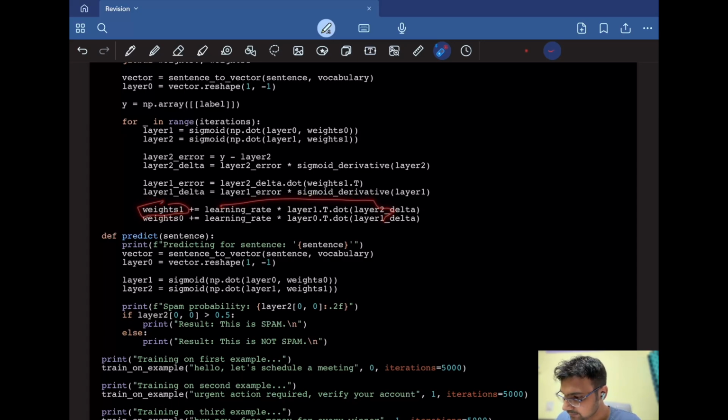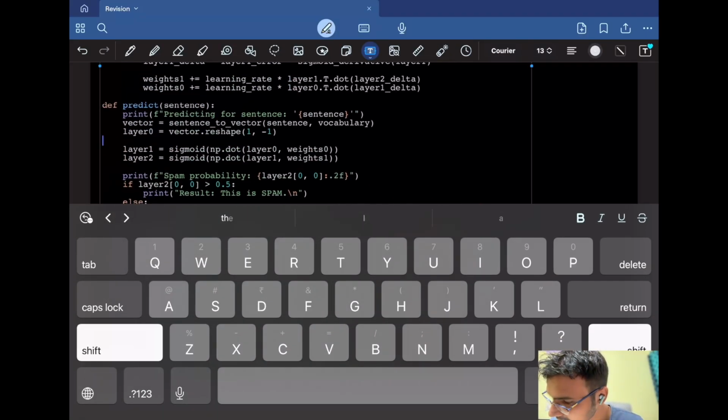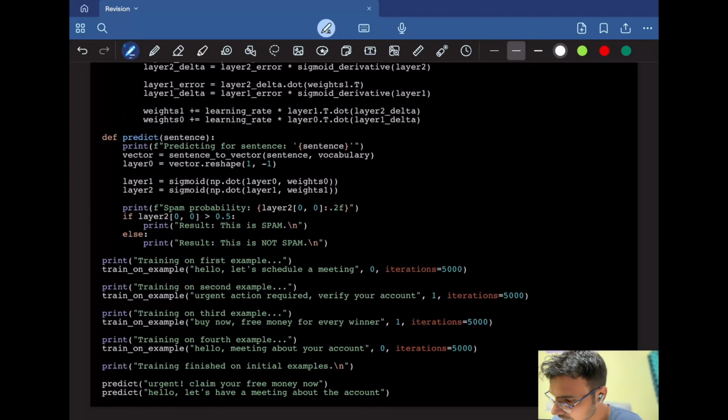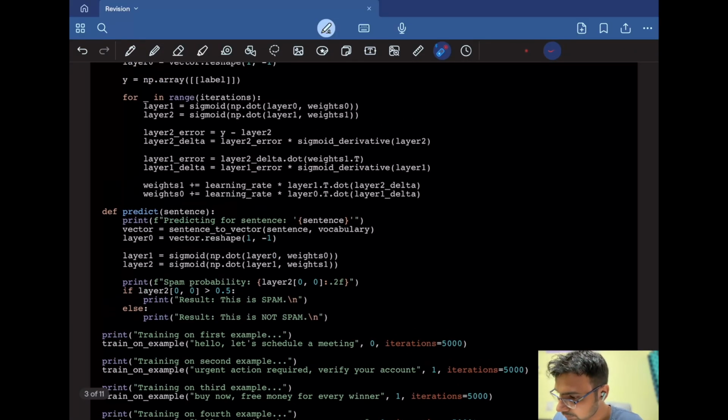This is how it is working here. So this gradient part we have understood, but the next part that we are going to understand is the back propagation part, how this layer 2 delta is getting calculated. That we will see in the back propagation part.